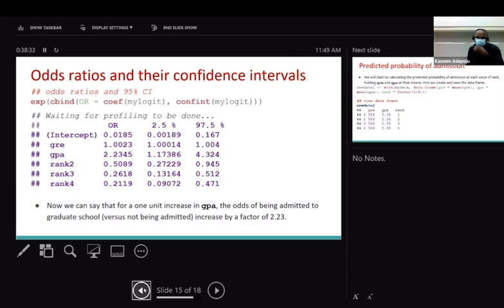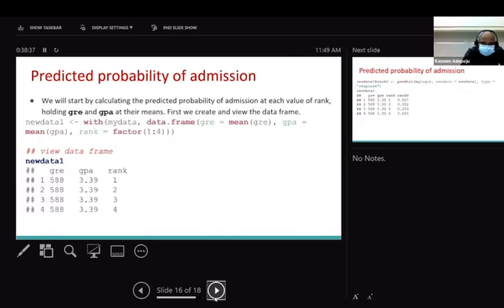Now, on the probability, we want to make a prediction. You can do that manually too. If you want to do that manually, you need to use the probability form of a regression model, which is 1 over 1 plus exponential raised to power.